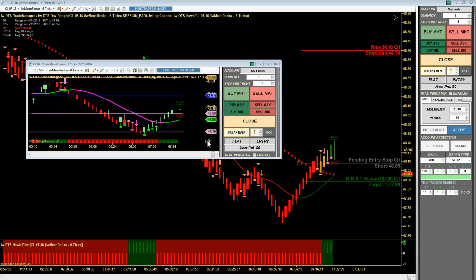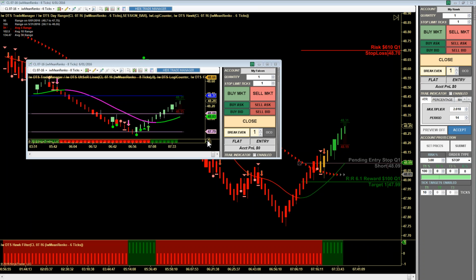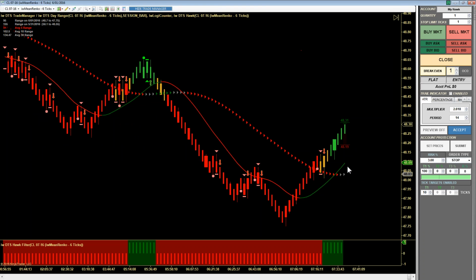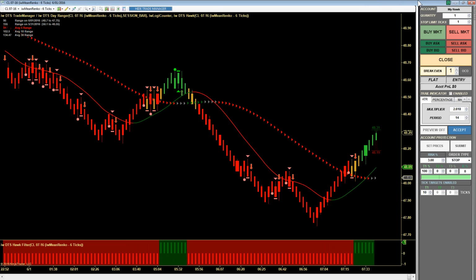Come on. No, not yet. Well, there's that rally that we were waiting for, but we didn't get the green bar sell signal, so we can close that out.